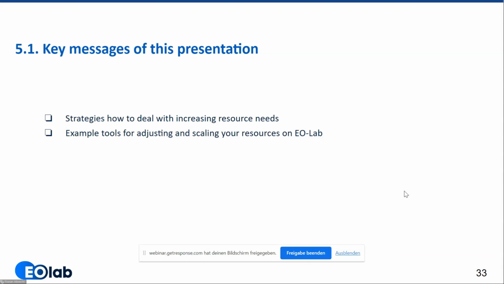The key message of my presentation is that there are different strategies to deal with increasing resource needs. There are some that can be done by using the tools on OpenStack, like shelving, unshelving, and also resizing your virtual machine to change the setup of your resource package, and being more efficient with it to scale your resources.